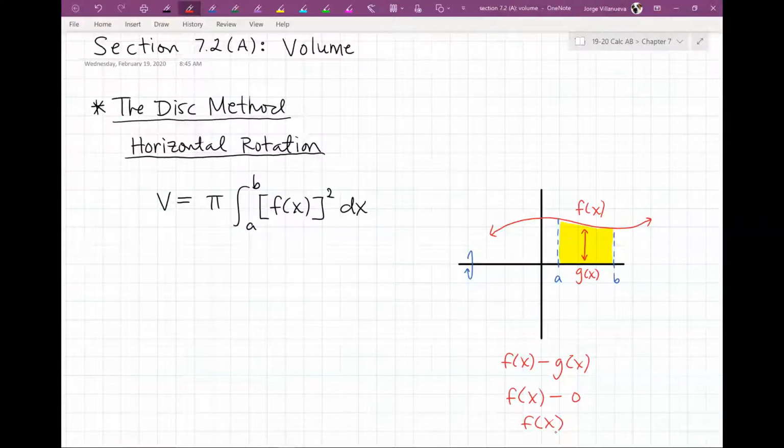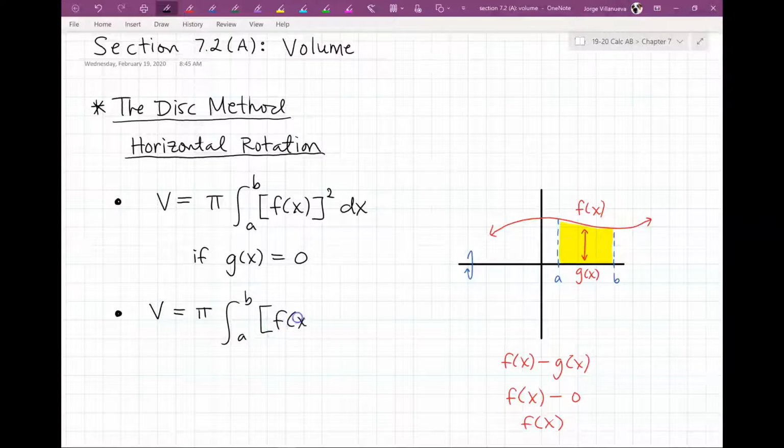Okay? So for this equation right here, you're going to say V equals pi integral from a to b of f of x squared dx if g of x equals 0. But if it doesn't equal 0, then you're going to write V equals pi integral from a to b of f of x minus g of x quantity squared dx.